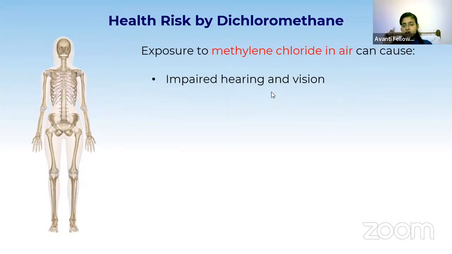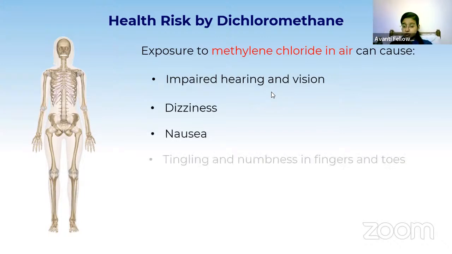It causes dizziness, nausea, and a vomiting kind of sensation, and tingling and numbness in fingers and toes. Tingling means a prickling feeling. These are the 4 health risks when you get exposed, meaning if you inhale it or go near dichloromethane.